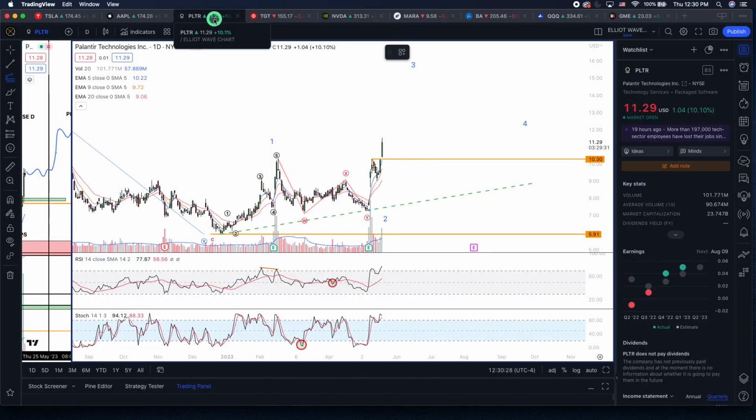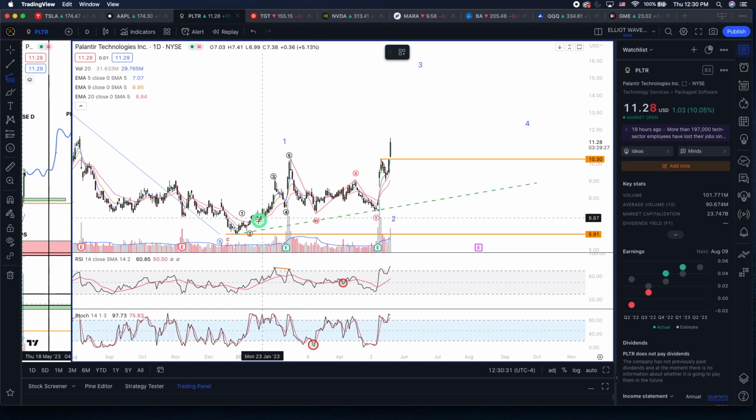So now, Palantir, I think we're going to have an impulsive count too. I'm not really expecting a leading diagonal playing out. I'm thinking it's going to be a little bit more impulsive, right? For now, we'll see as the price develops if we have to make any adjustments.